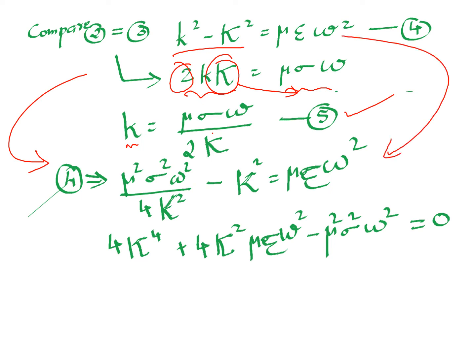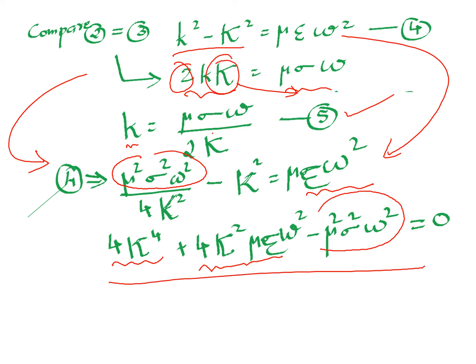Now rearranging this, take 4 kappa square as the common denominator. It becomes 4 kappa to the power 4 plus 4 kappa square mu epsilon omega square minus mu square sigma square omega square. Okay, so we got an expression like this.